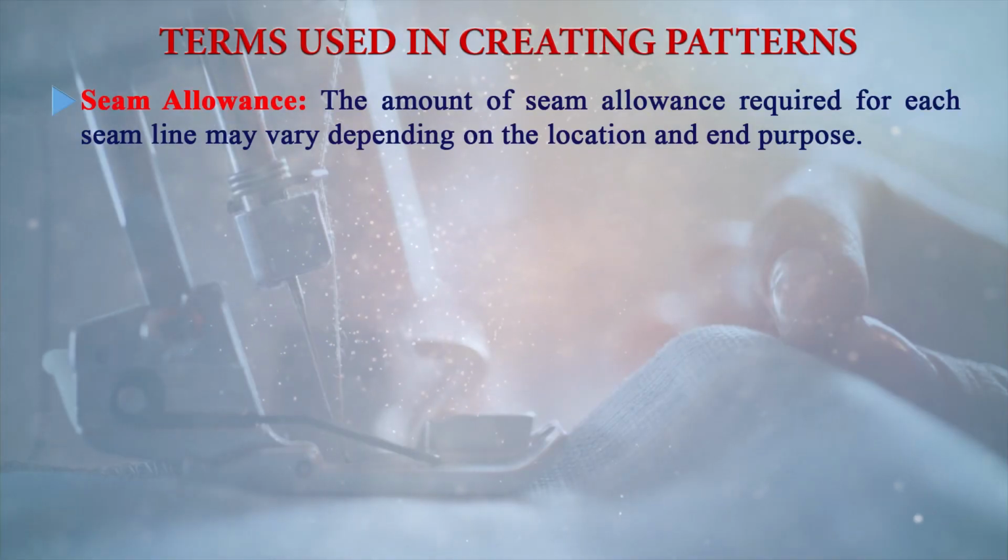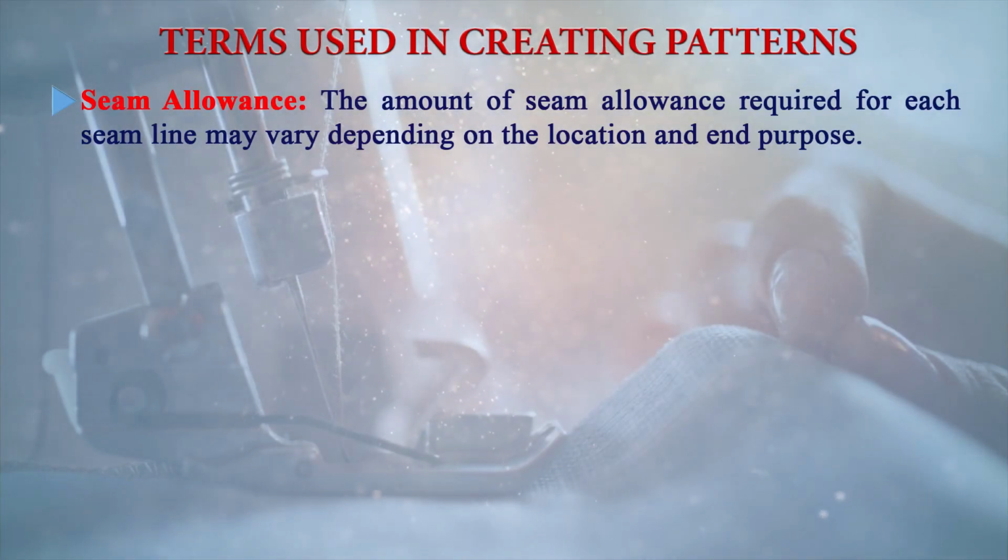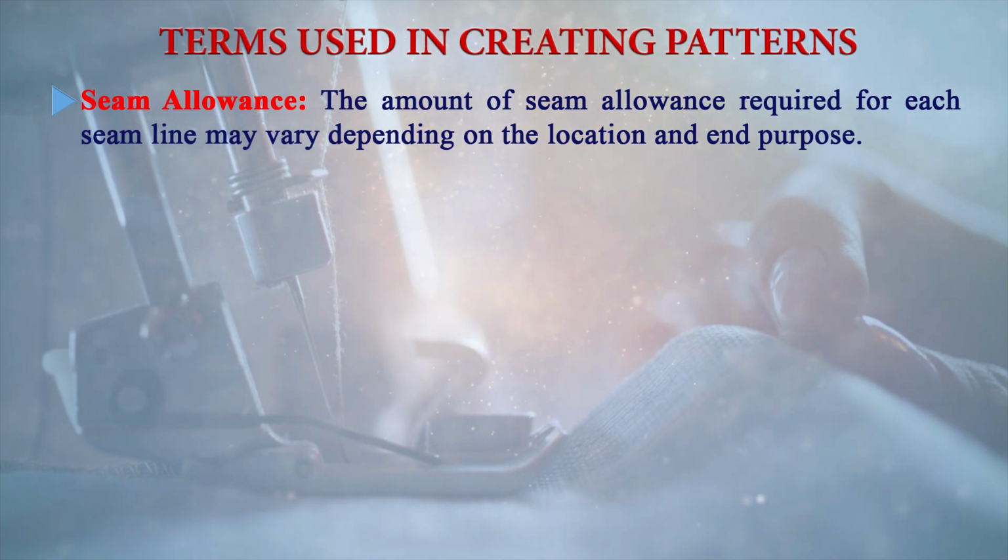The amount of seam allowance required for each seam line may vary depending on the location and the end purpose. So seam allowance in the whole pattern can vary from part to part of the garment or the pattern.